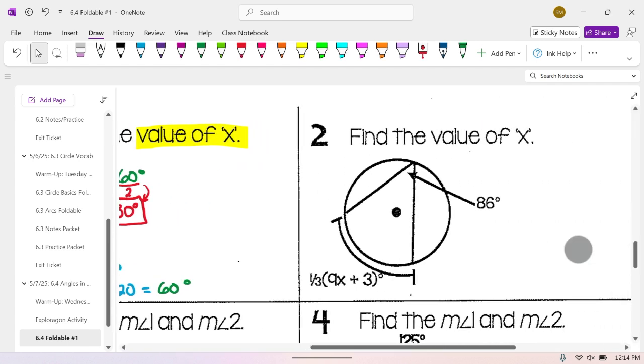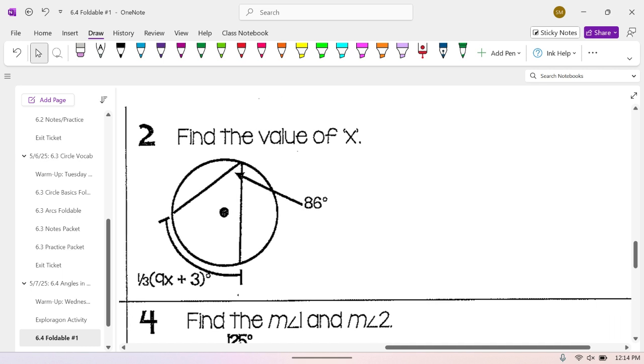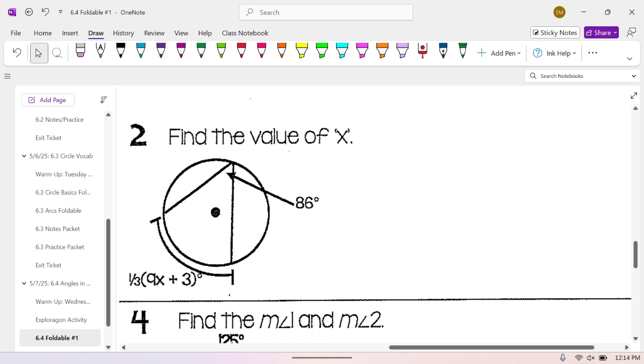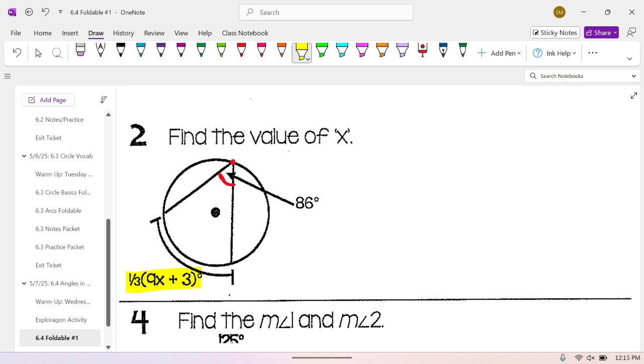Now let's look at example 2. This one has a little bit of algebra in it, which is okay. It's not too bad. We're given the inscribed angle here because its vertex is on the circle, and we're given an expression as the measure for its arc.